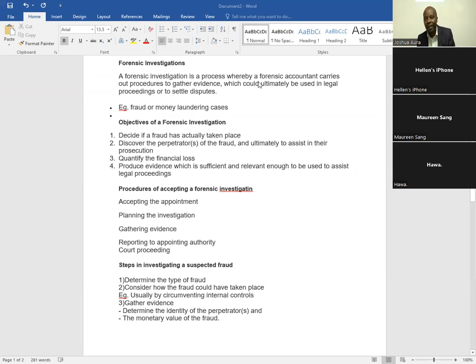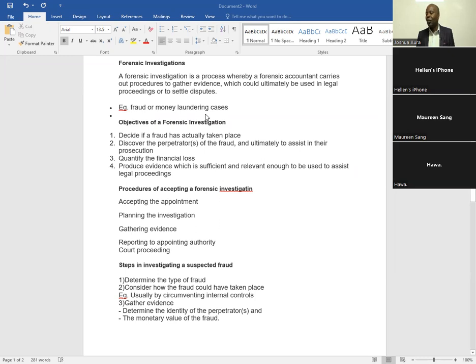Remember, ladies and gentlemen, if you want to pin down these fraudsters in a court of law, you must have what we call sufficient, appropriate evidence. So the evidence you gather must be of high quality, which could ultimately be used in legal proceedings or to settle some disputes, e.g. fraud or money laundering cases. So this is very common.